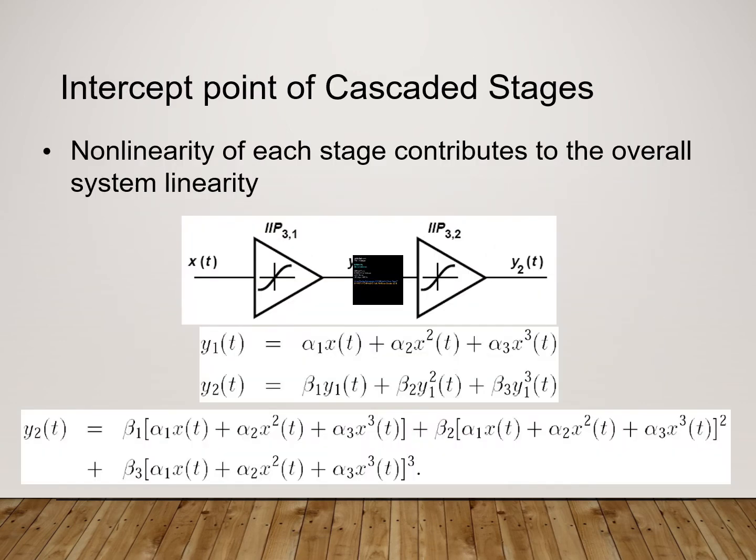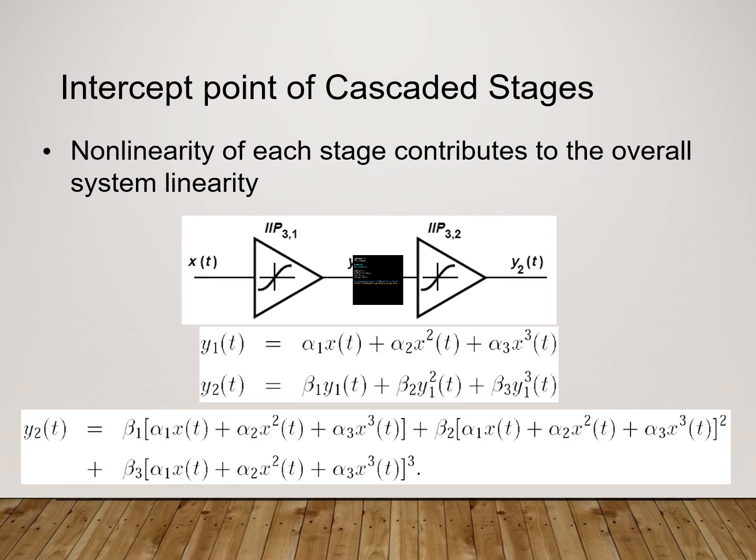Intercept points of cascaded stages, we studied this before, and we found that intercept points at the last stages will be very important and of great interest to us, because they will be multiplied by the gain of the previous stages.